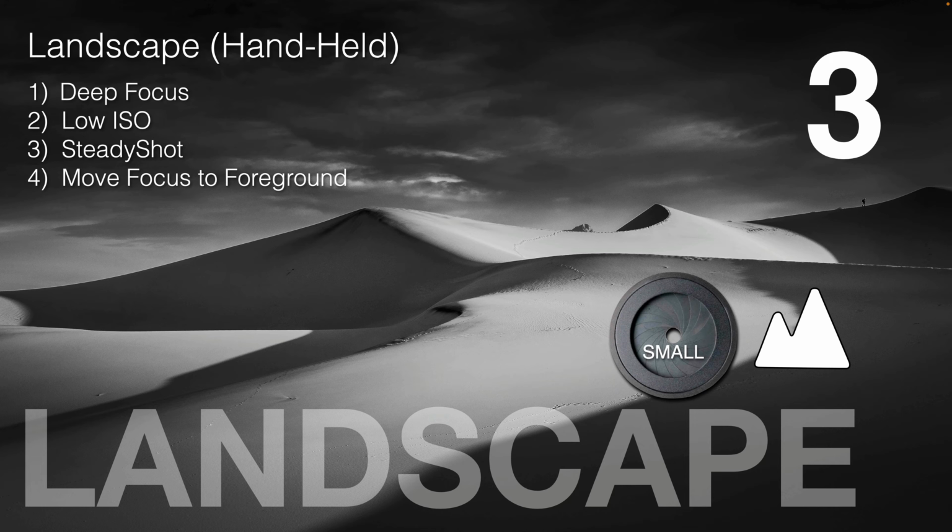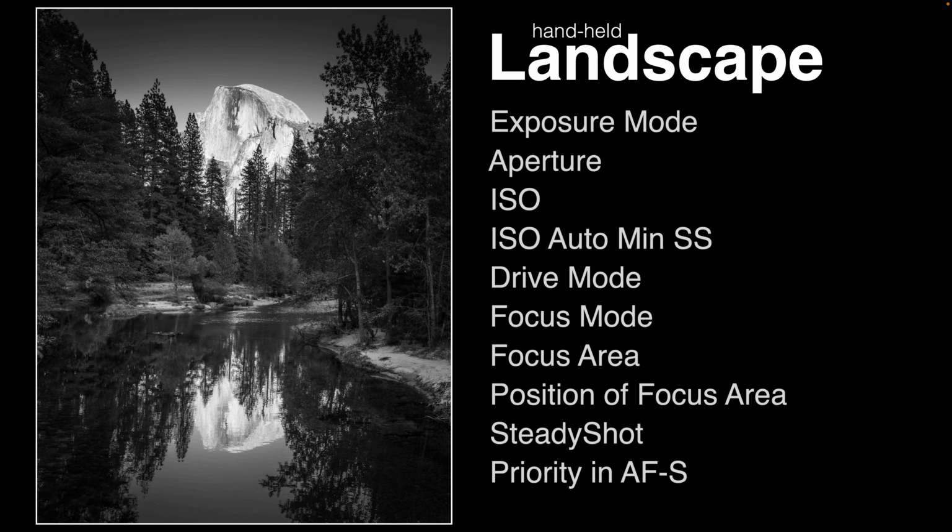We're using SteadyShot to keep the camera very steady in the hands, and we're also moving focus to the foreground. That allows us to get deep focus from objects that are just 1 or 2 meters away from the front of the camera right through to the horizon line. And of course, there will be at least 10 primary settings that are required to register that memory.